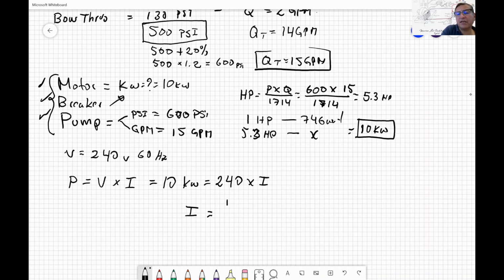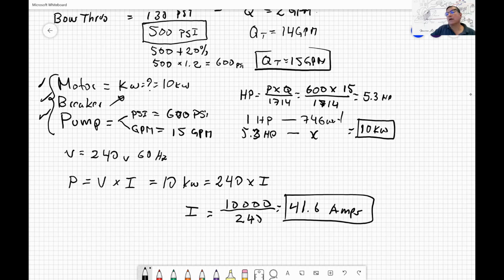Then the intensity is 10,000 divided by 240. How much is that? 41.6 amps. What do you prefer, a breaker of 40 amps or a breaker of 50 amps? Breaker of 50. Okay, in that case, you approximate to a breaker of 50 amps. You like it, my friends?